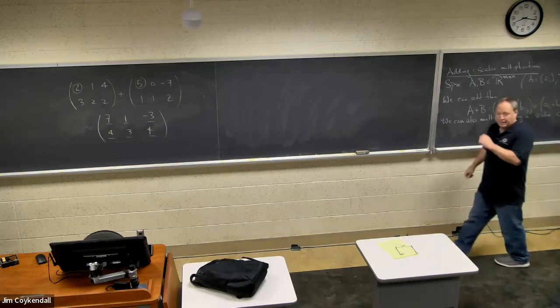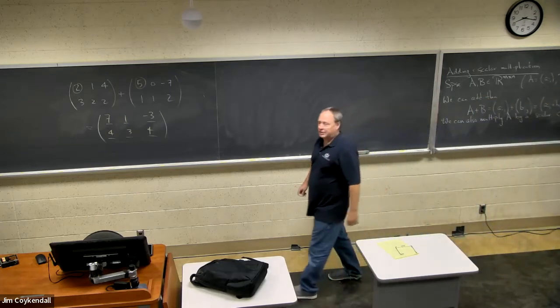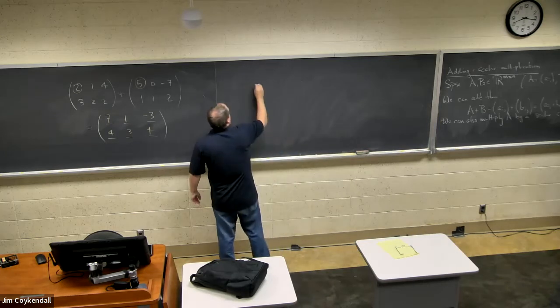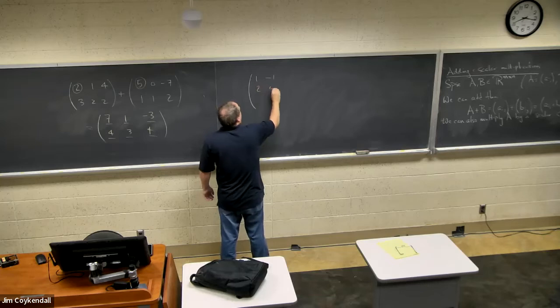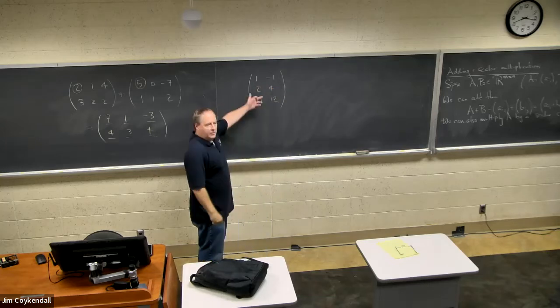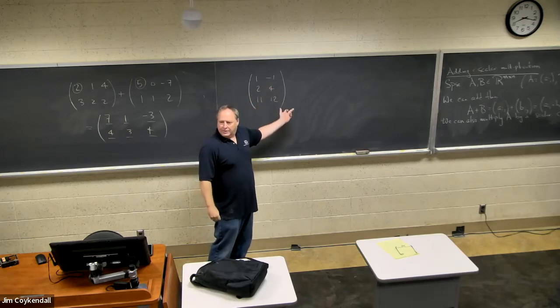You can also multiply the matrix A by a scalar C. So for example, if I give this matrix here, 1, 1, 4, 11, 12. Okay, here's a matrix. It's 3 by 2, 2 rows by 2 columns.